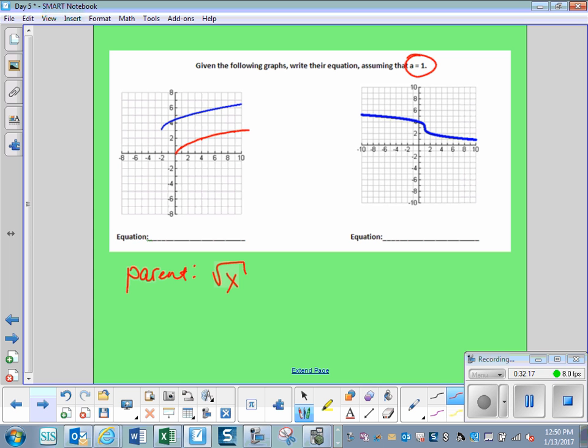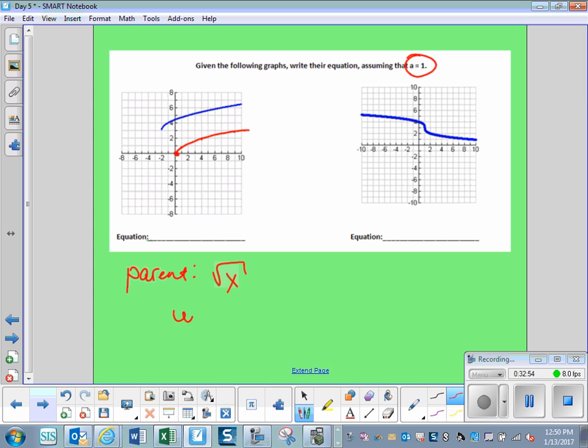So first we need to decide, is there reflection? No reflection. We are already told that A is 1, so there is no compression or stretch, right? So now we just need to decide, did we move up or down, left or right? And how many points? Let's look at the starting point, right? The starting point was 0, 0, and now it's up what? 3. Yes.